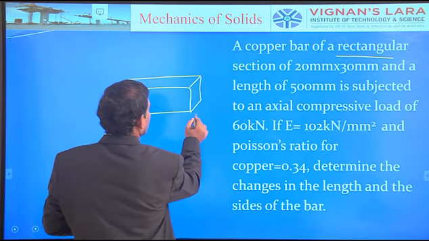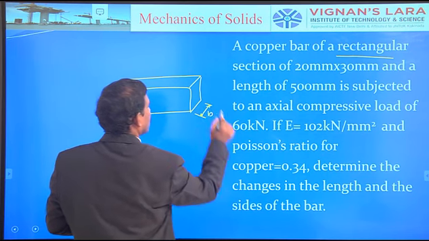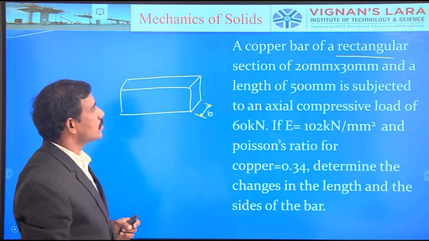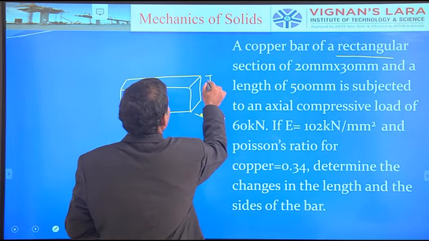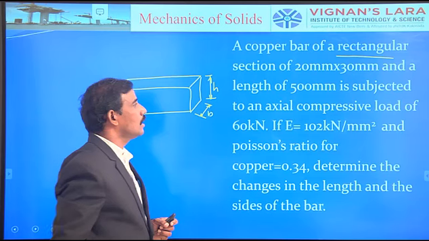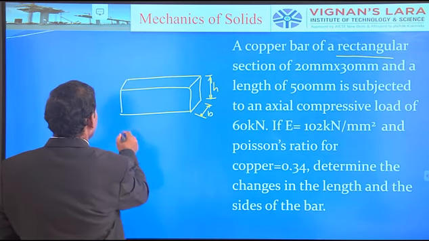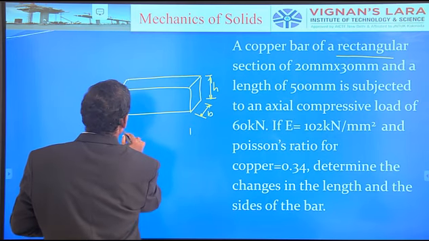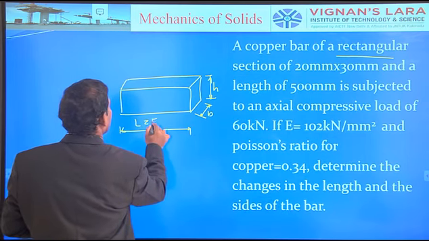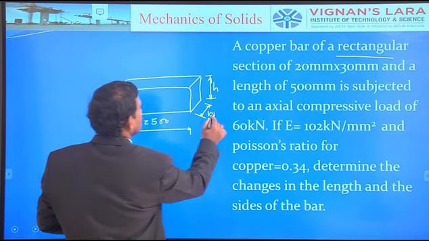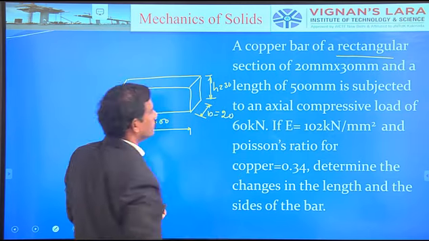The breadth of the rectangular member is represented by B, which is equal to 20, the height is represented by H, equal to 30 mm, and the length is 500 mm. This is L, equal to 500.